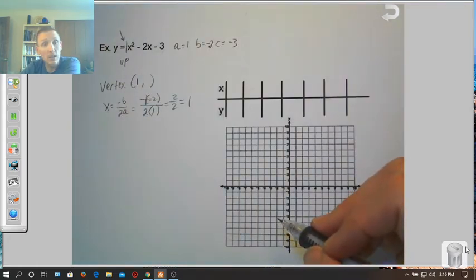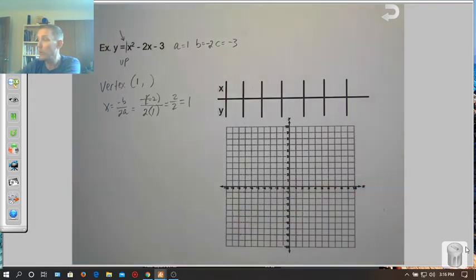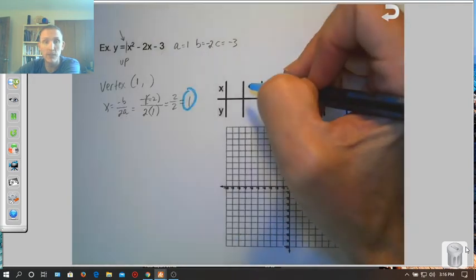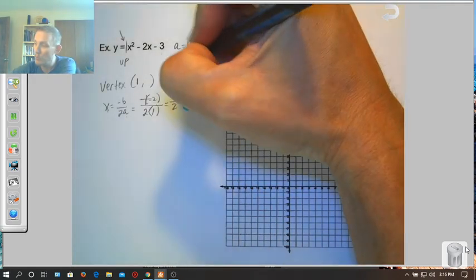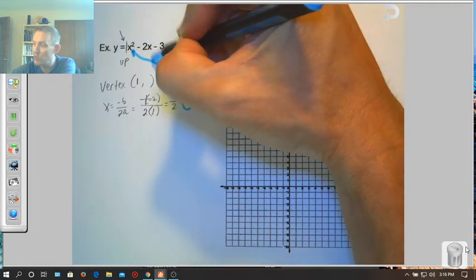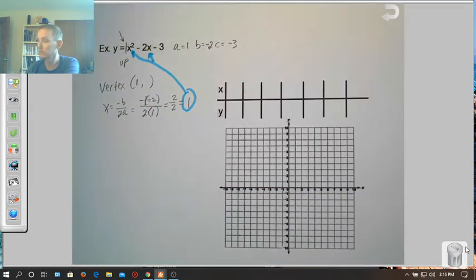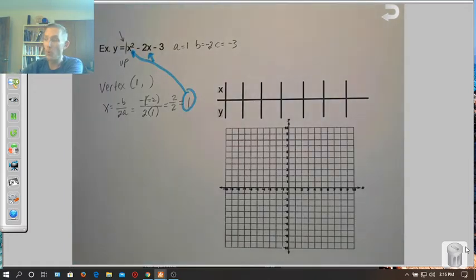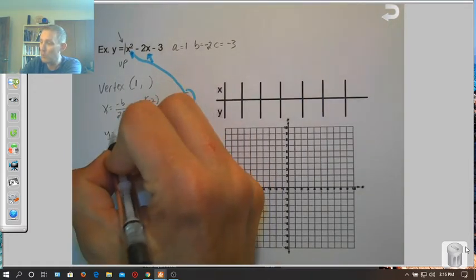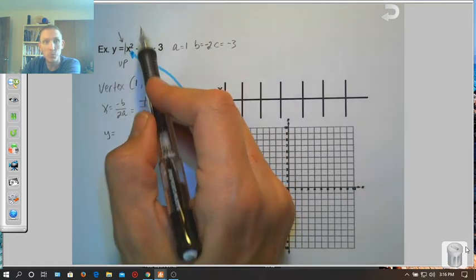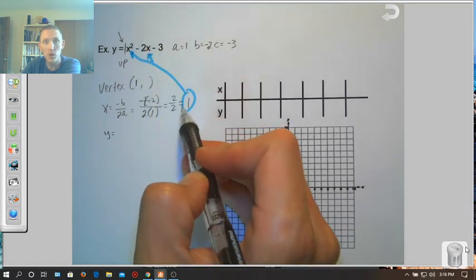How do we find the y value? Well, remember, to find the y value, I am going to take this value right here that I got for x, and I'm going to plug into the original equation for where I see the letter x. So the y value, y equals x squared. Well, what's plugging in for x is 1.